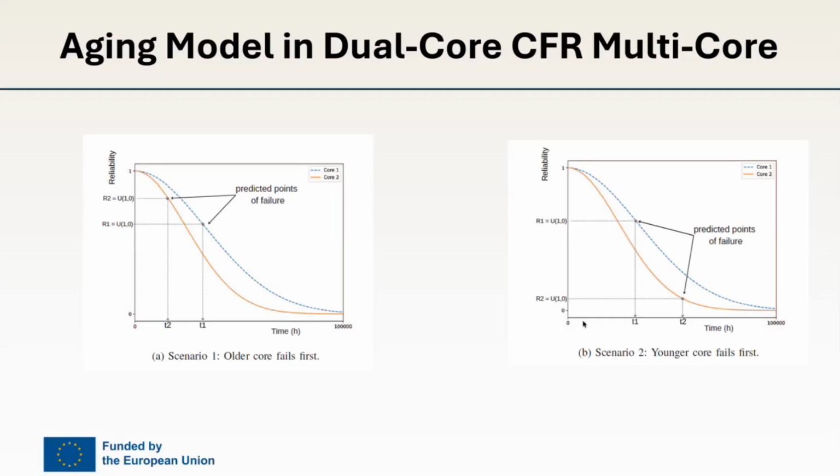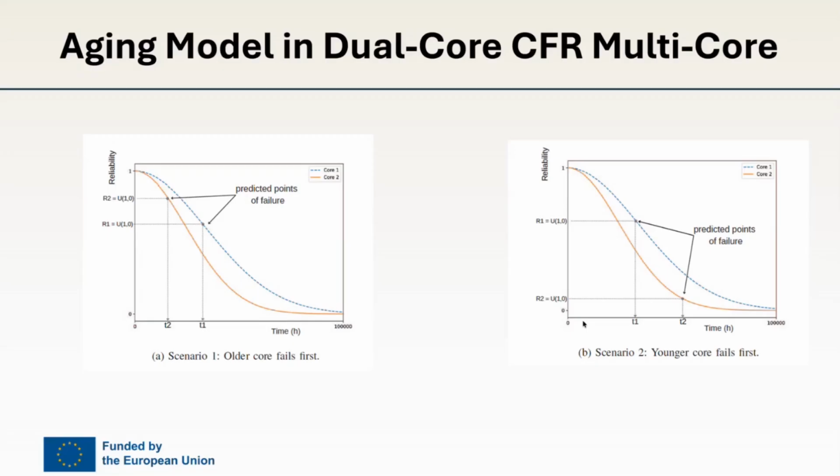These reliabilities are generally measured in what we call the R value, which is a value between 0 and 1, which tells you how likely it is that the core would fail in the next instant. So if the R value is 100%, then there is very little chance that the core will fail.